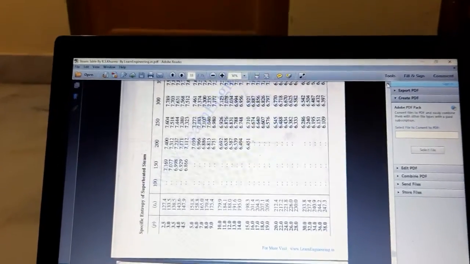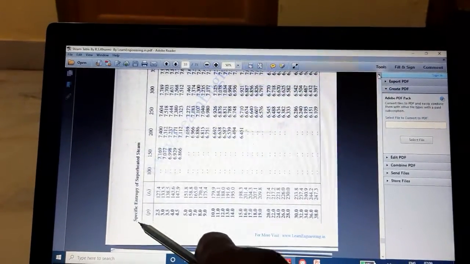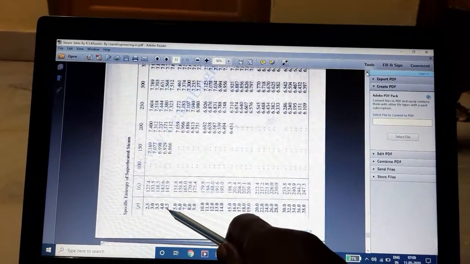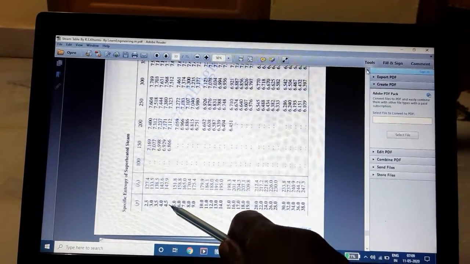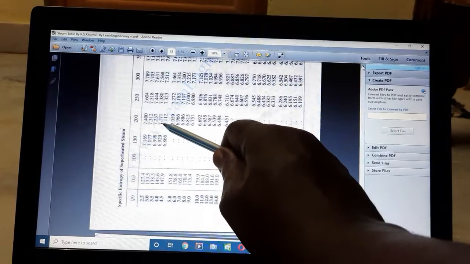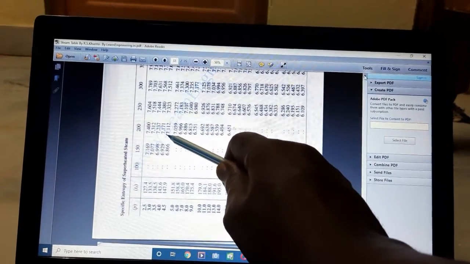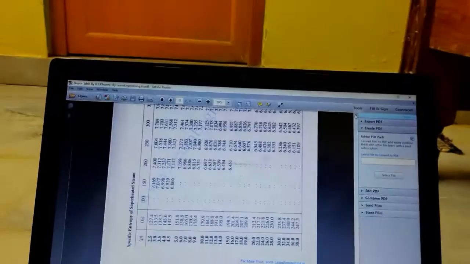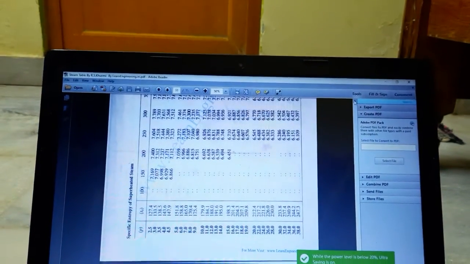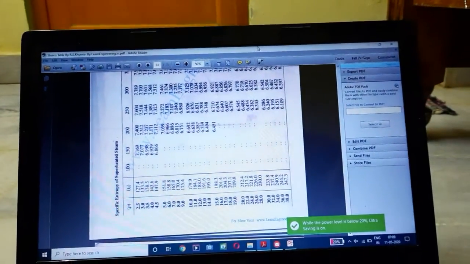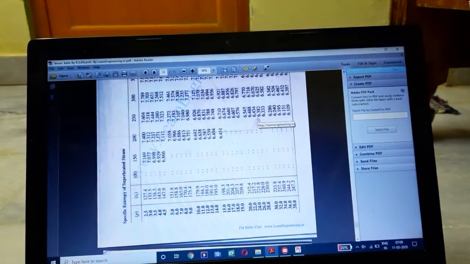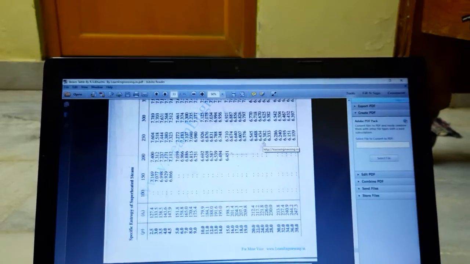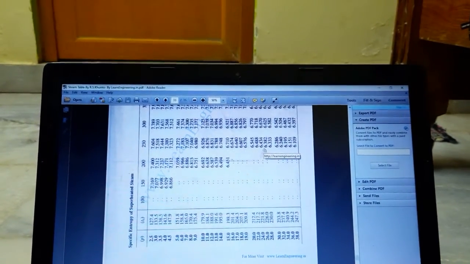So the specific entropy of superheated steam at 4 bar and 200 degrees Celsius is 7.171. So S1 equals 7.171 kilojoules per kg Kelvin.